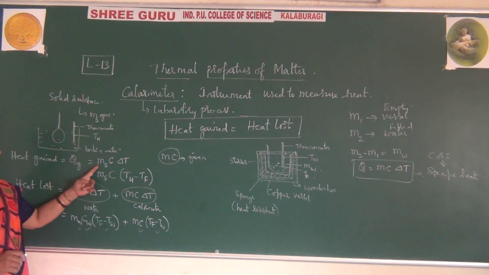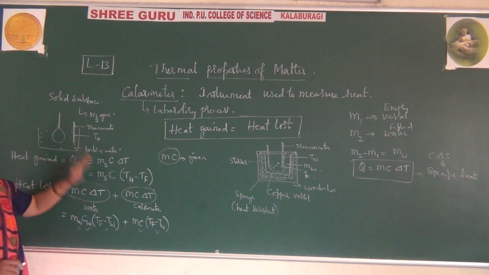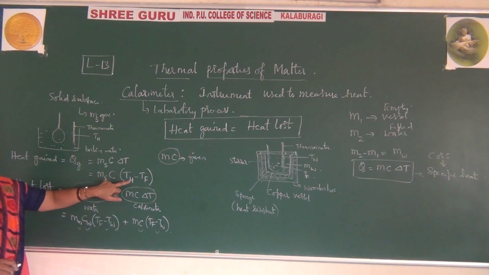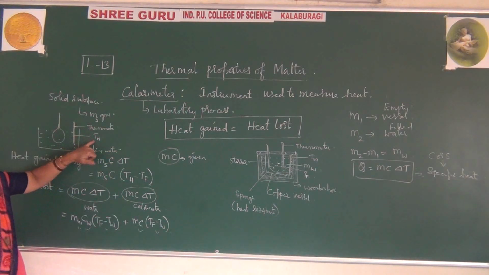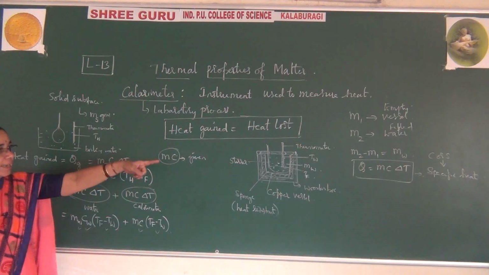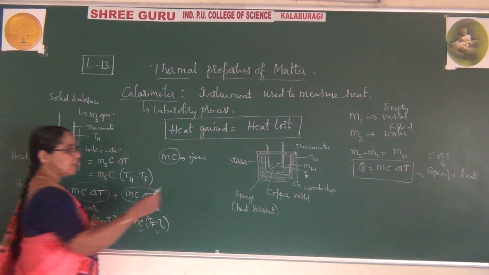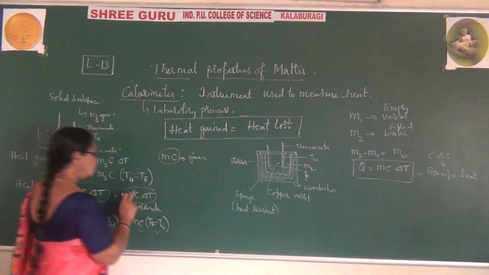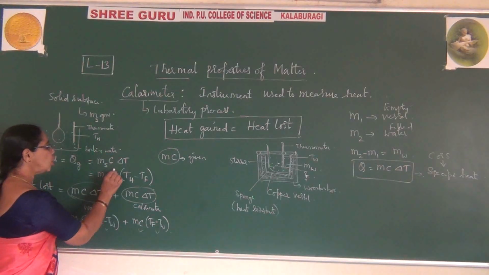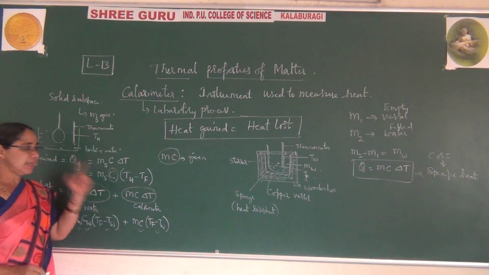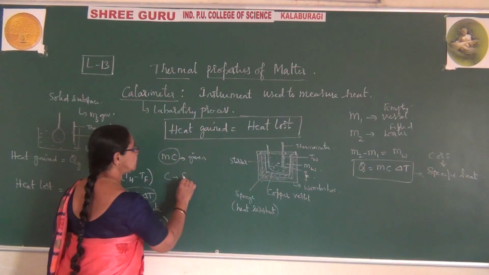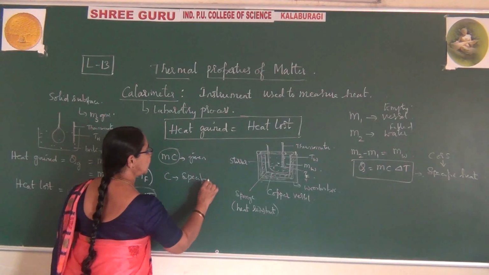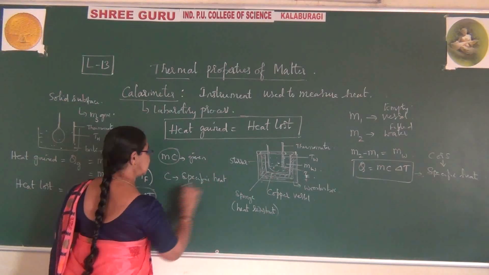Now for the mass of the solid, we know it by just measuring it. What is T_H? We know that also, because the hot temperature it has been raised to is known. What is T_F? The final temperature, which we already know. But what we do not know is C. That C we have to calculate. What is C called? The specific heat of a given substance.